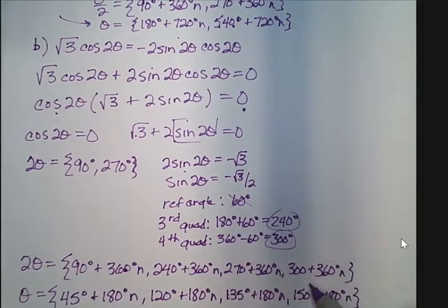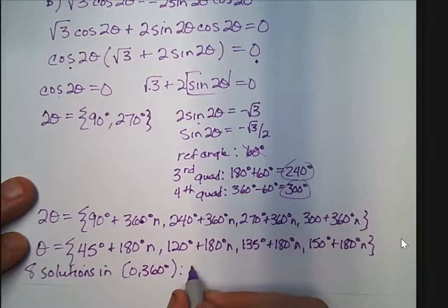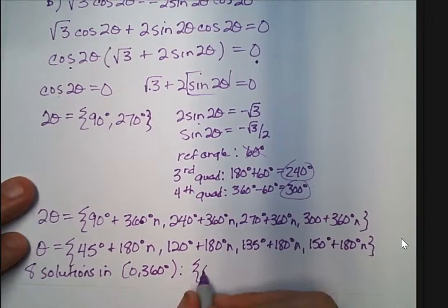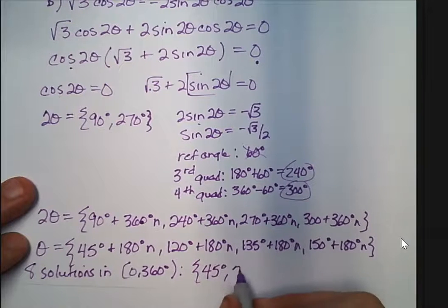Now if we want to find all the solutions between 0 and 360, since we had 4 different solutions for 2 theta, that means between 0 and 360 we're going to have 2 times this many, so we should come out with 8 solutions between 0 and 360. What we're really looking for is 2 solutions from each one of these. So we could start with 45 degrees, then 45 plus 180 is 225.